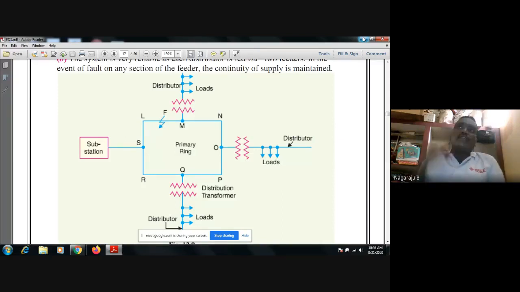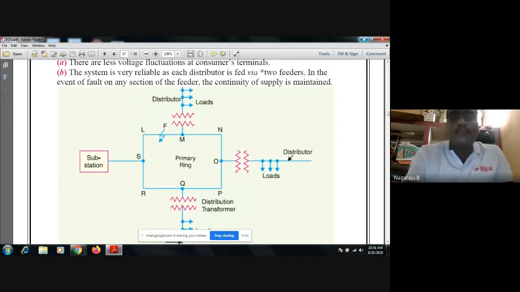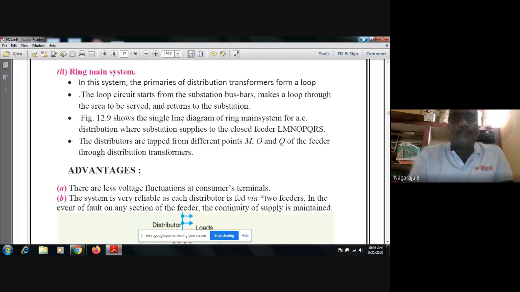When one side has no power because of the fault, automatically you have another way of supply connection. So I told you about L, M, N, O, P, Q, R, S.